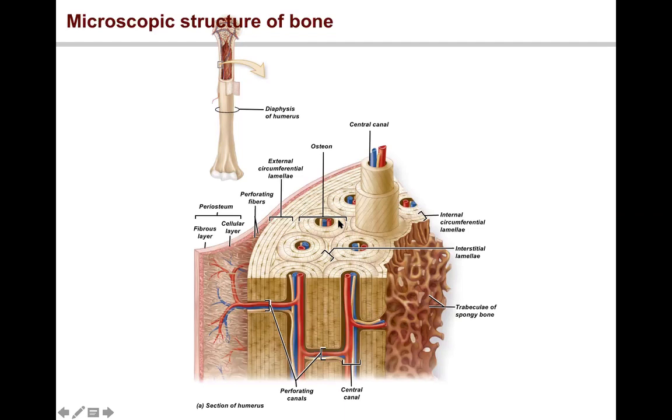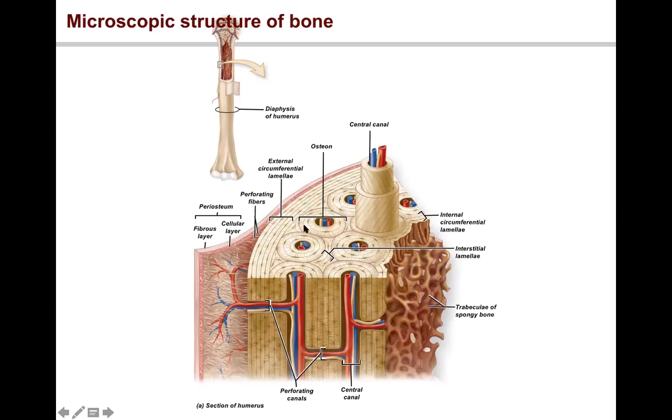Central canals generally run parallel to the surface of the bone. There are other passages known as the perforating canals, which run perpendicular to the surface. So these are running parallel to it, and these are running perpendicular to it.